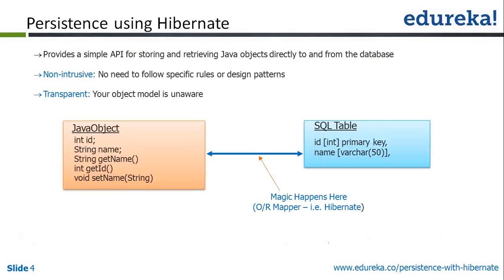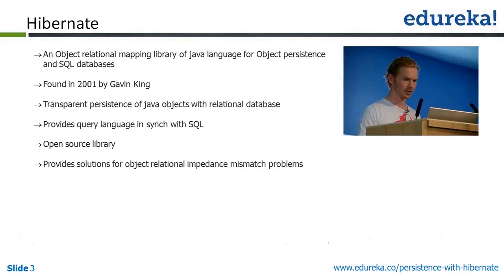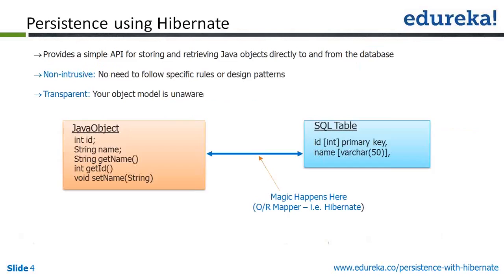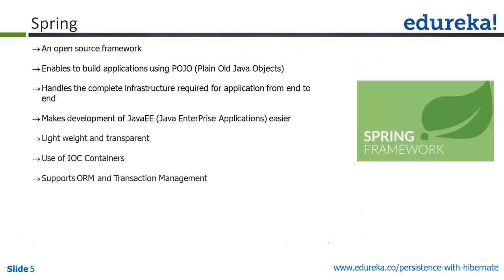So that problem is also solved by Hibernate. That's what I meant by solving the object relational impedance mismatch issues. Hibernate has come up with an approach to solve those mismatch issues as well. So that's about Hibernate on a high level.